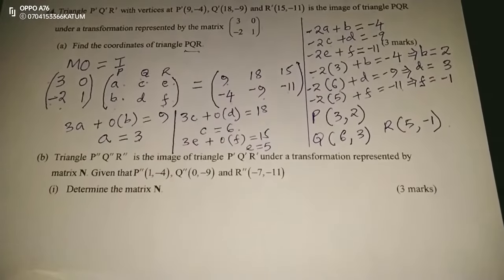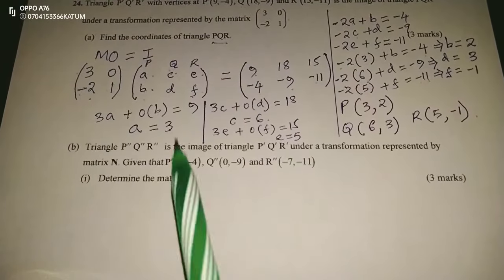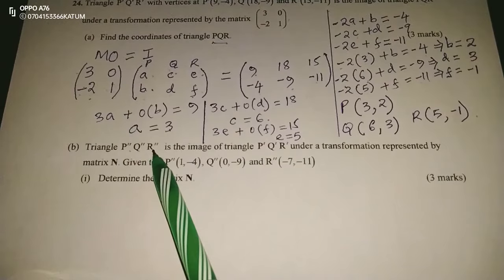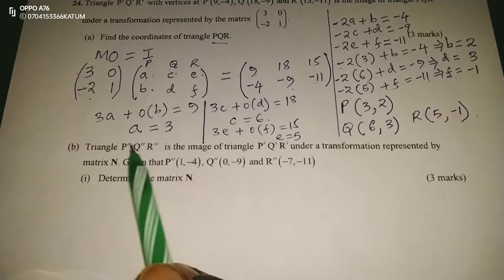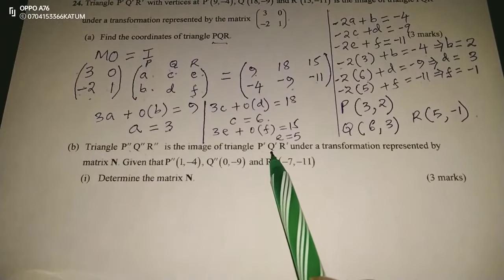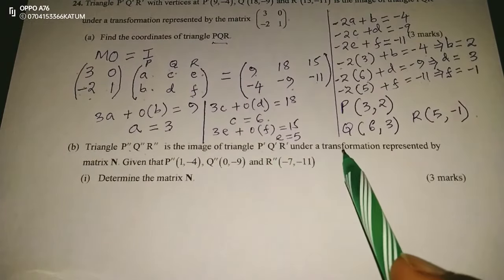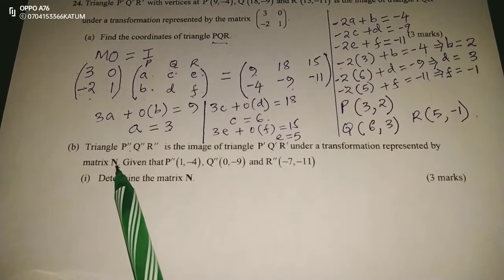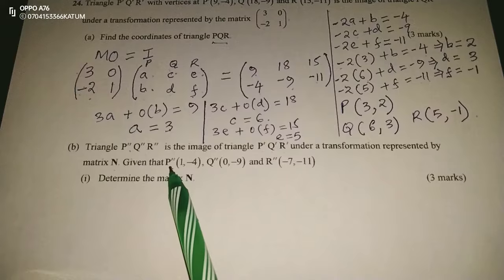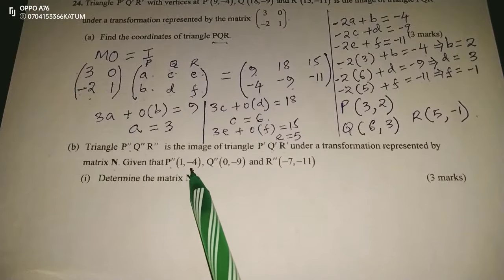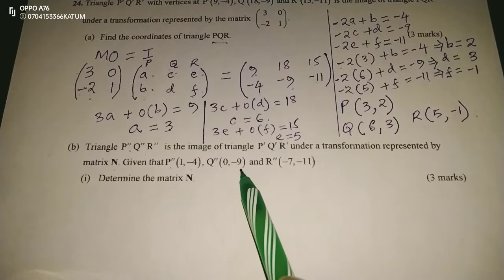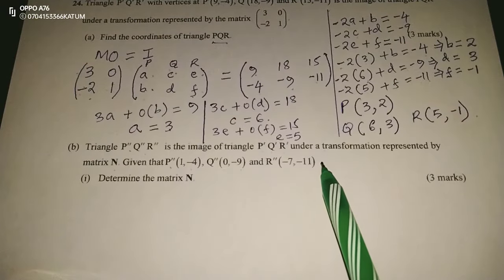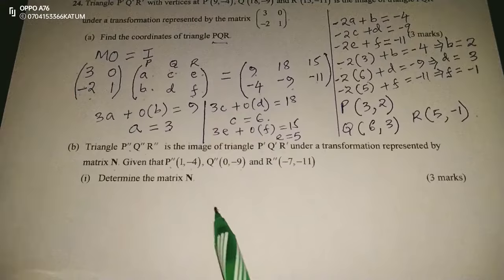The next, we've been told that triangle P' double prime Q'' R'' is the image of PQR under a transformation represented by matrix N. Given that P'' is (1, -4), Q'' is (0, -9), and R'' is (-7, -11), determine the matrix N.